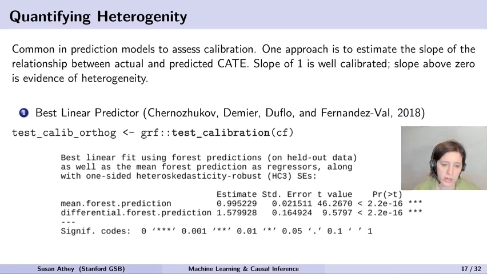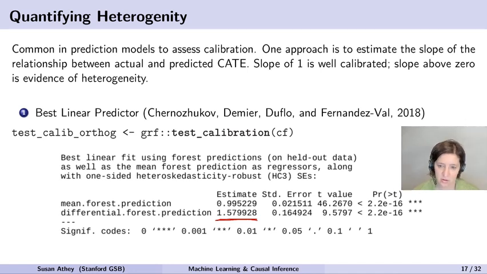And what we're going to look at here is the coefficient on the CATE. This differential forest prediction is basically the CATE minus the average, and it looks like we have a coefficient of 1.57.